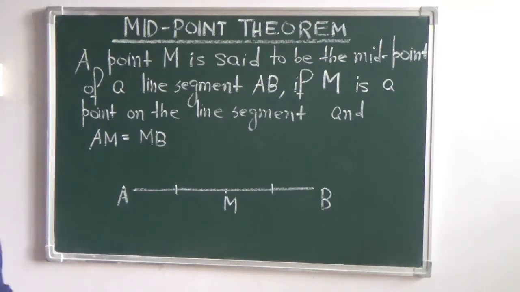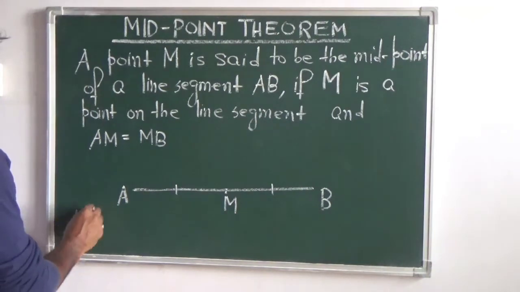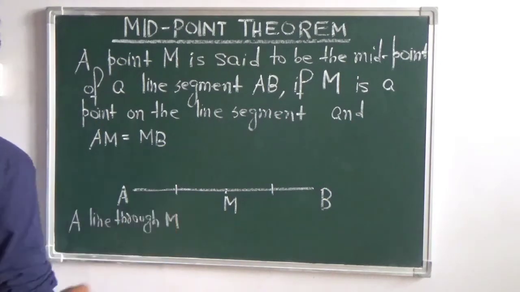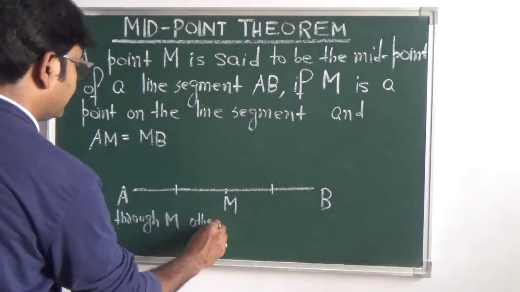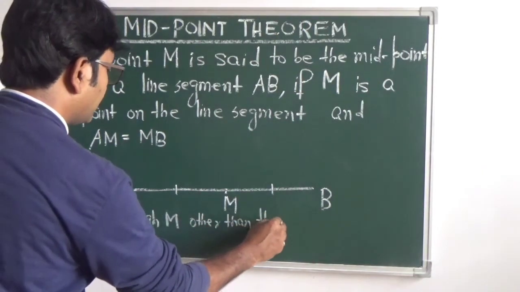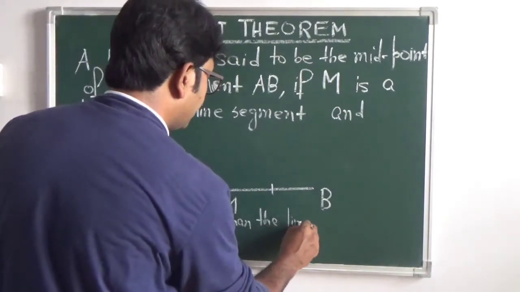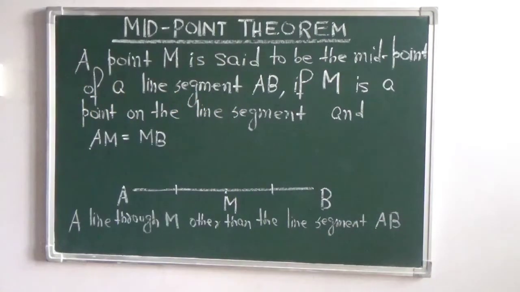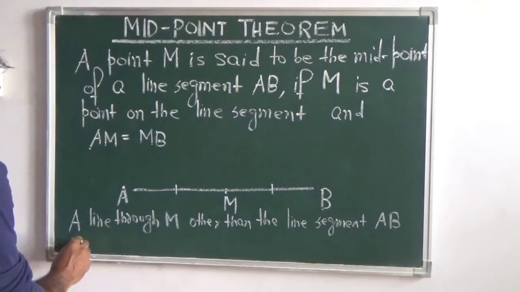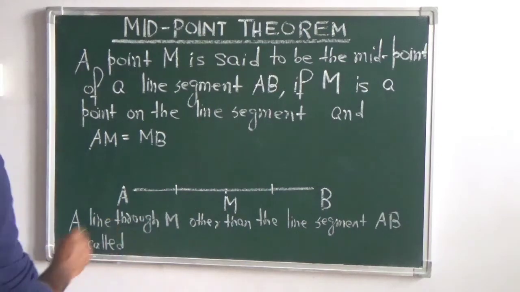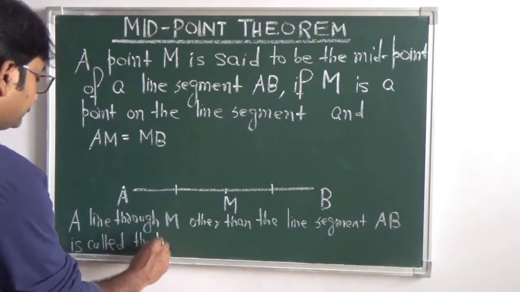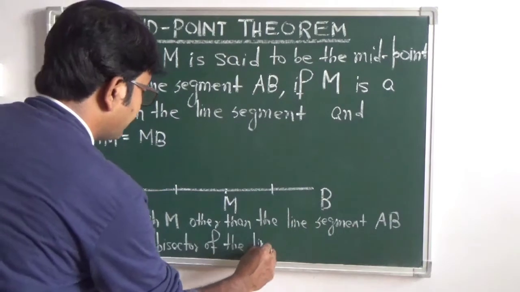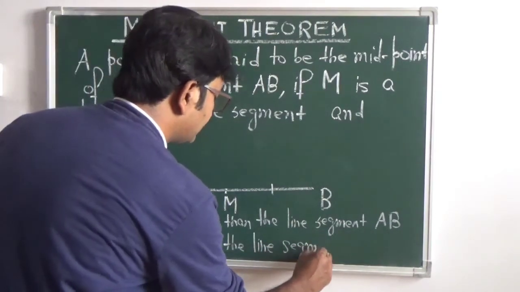Now a line through M other than the line segment AB is called the bisector of the line segment AB.